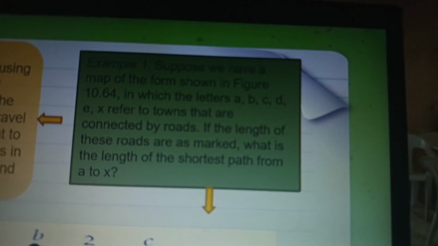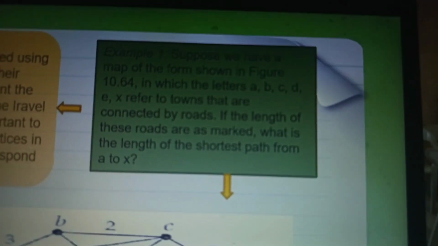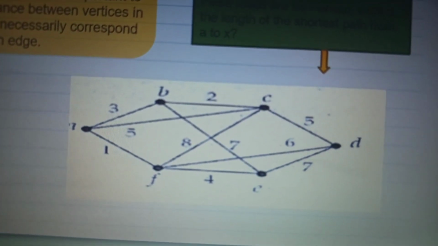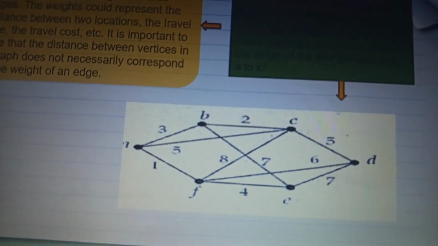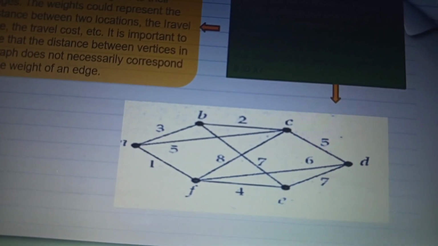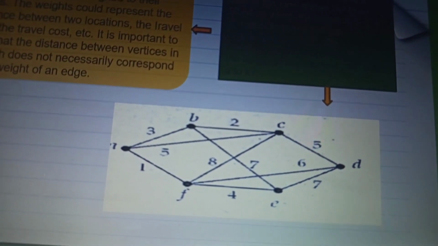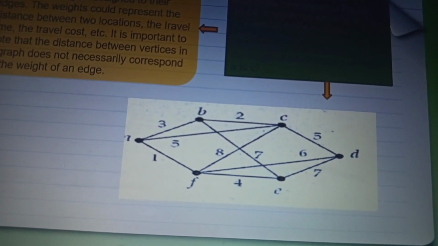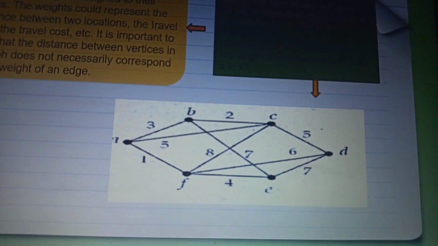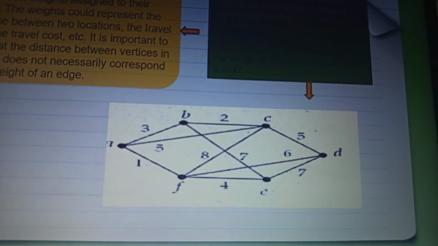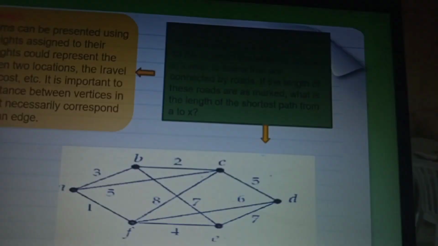Suppose that we have a map of the form shown in figure 10.64, where the letters A, B, C, D, E, and X refer to towns that are connected by roads. If the lengths of these roads are as marked, what is the length of the shortest path from A to X? Here is the solution.